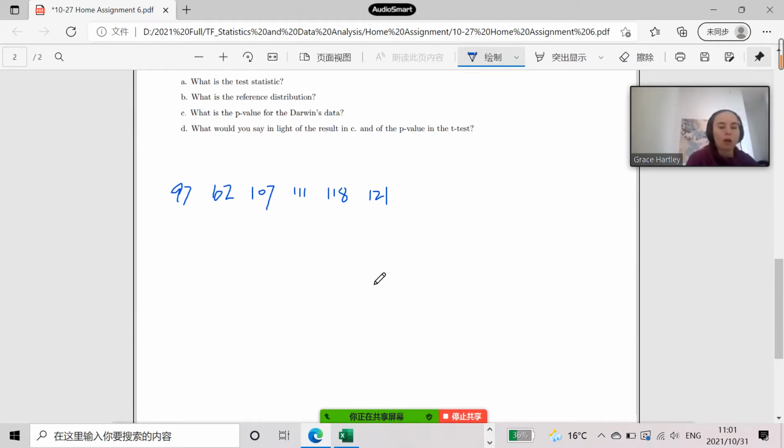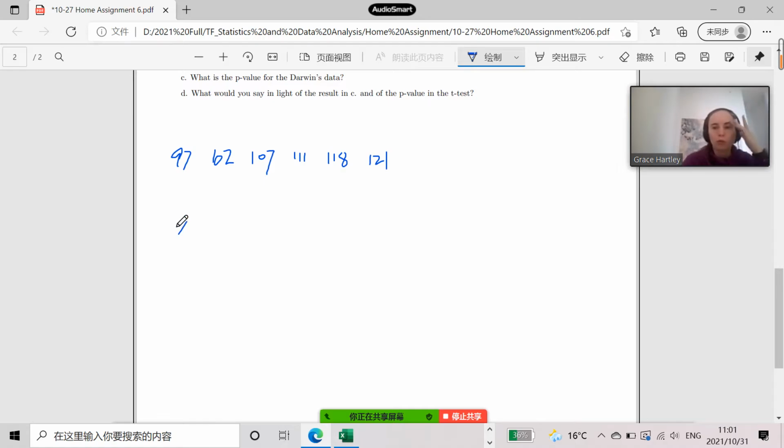But when I'm trying to answer this question, I have ranked everything. I have plugged in those numbers to find the expected mean and the expected variance. Then I plug it into the test statistic again.